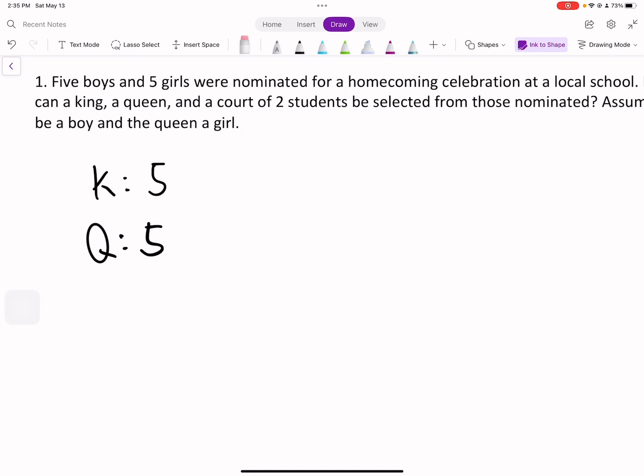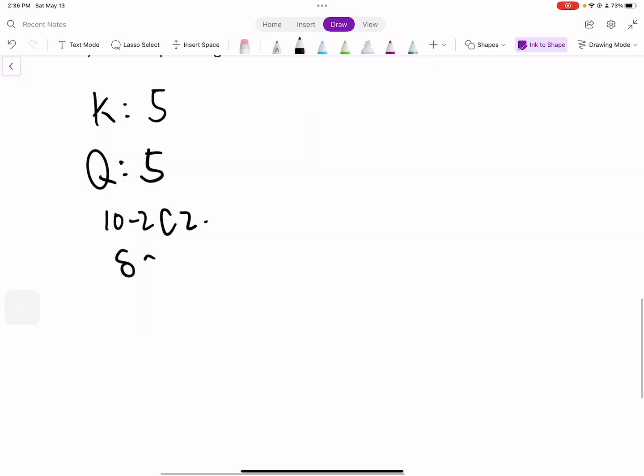So we need to choose 2 people from 10 minus 2, because the king and the queen cannot be involved in that selection. So that's 10 minus 2 C 2, which is 8C2.